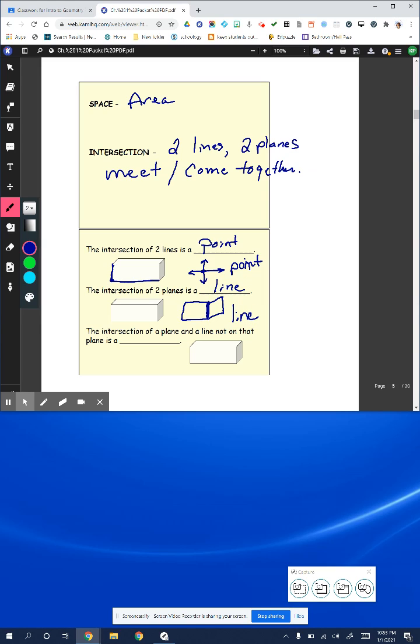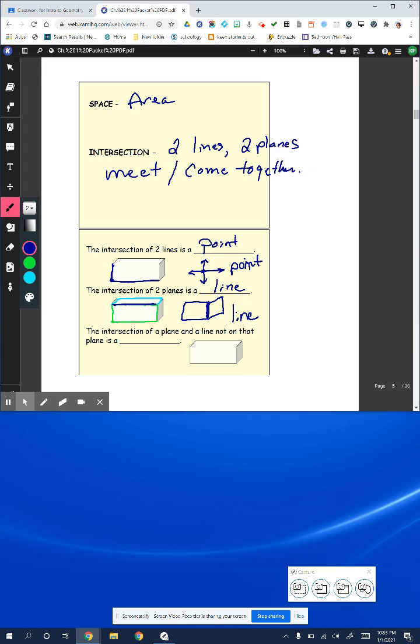Now let's see what that looks like in a 3D picture. If I have this plane that's facing me right here, and I have the top of the box, which is this plane coming together and meeting that, I see that they intersect and they make this common line or the edge of the box. So 2 planes coming together make a line.